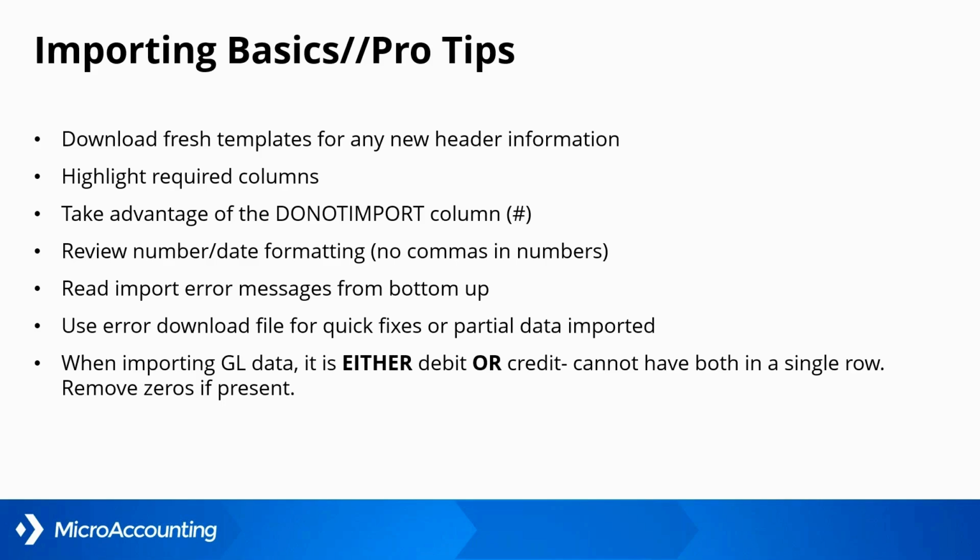So for example, if you're getting data from another software, or maybe you have an Excel file and there's some totals thrown in there, and you just want to make your journal entry, but you want to check your work with those totals, you don't have to go through there and delete rows and all that stuff. You can use a hashtag. If you're really good at Excel, you can even write some if-then formulas over in that column and have those automatically apply for all of your data. So there are some pretty cool things you can do with that.